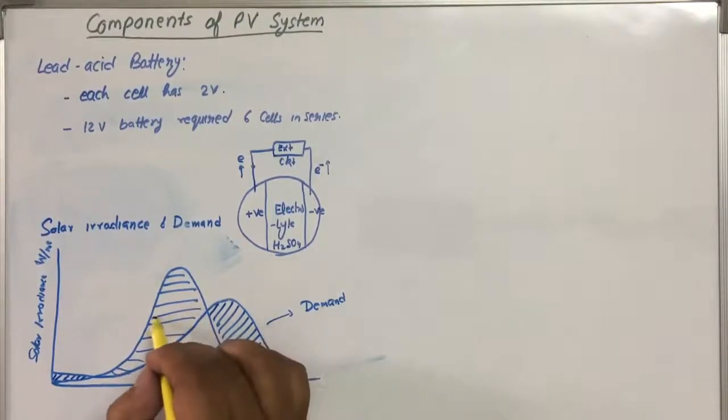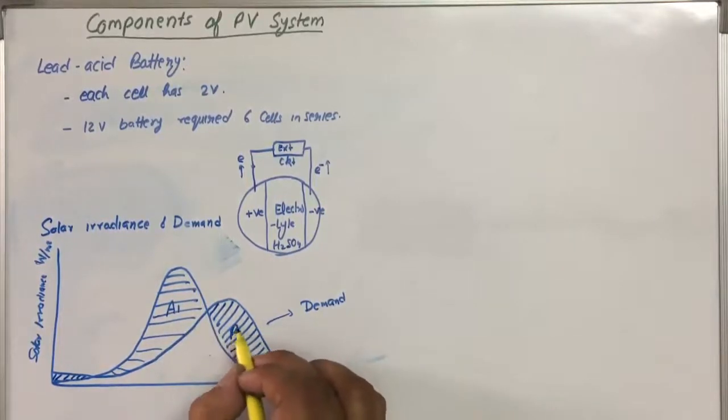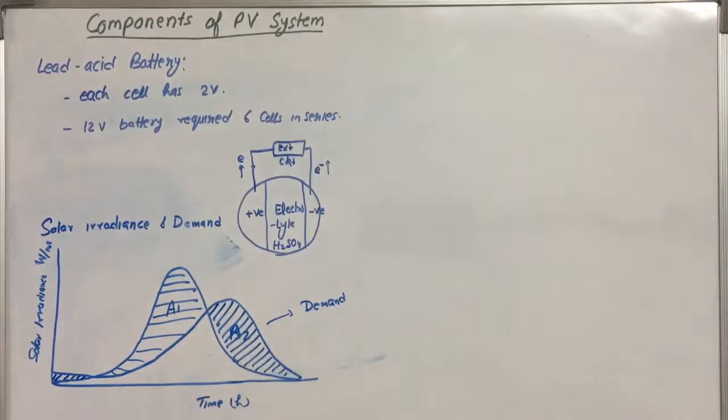To meet the load demand, A1 should be equal to A2, and that is only possible when there is a battery in the system. So in that case only this is possible. We can find the importance of the energy storage system here. This is especially for solar PV systems, but it is important for any renewable energy source system.